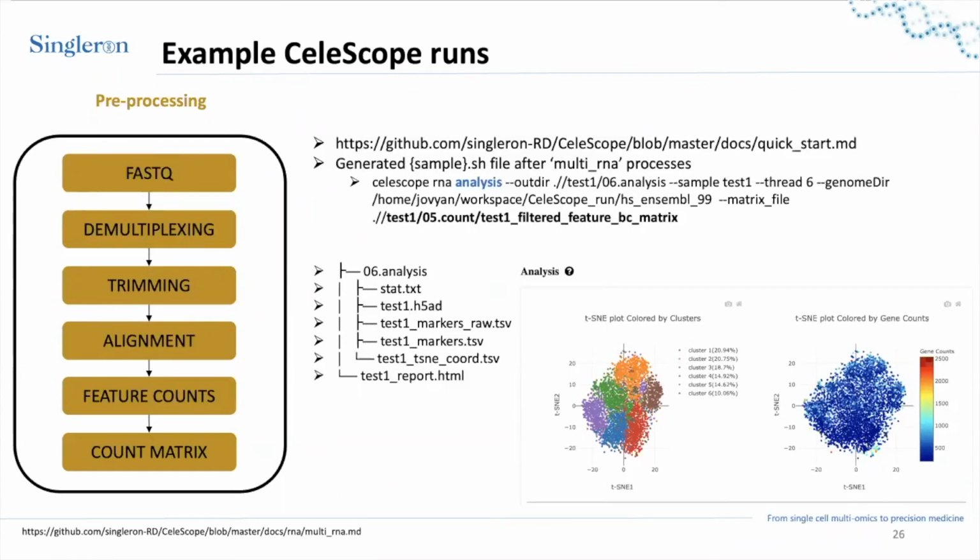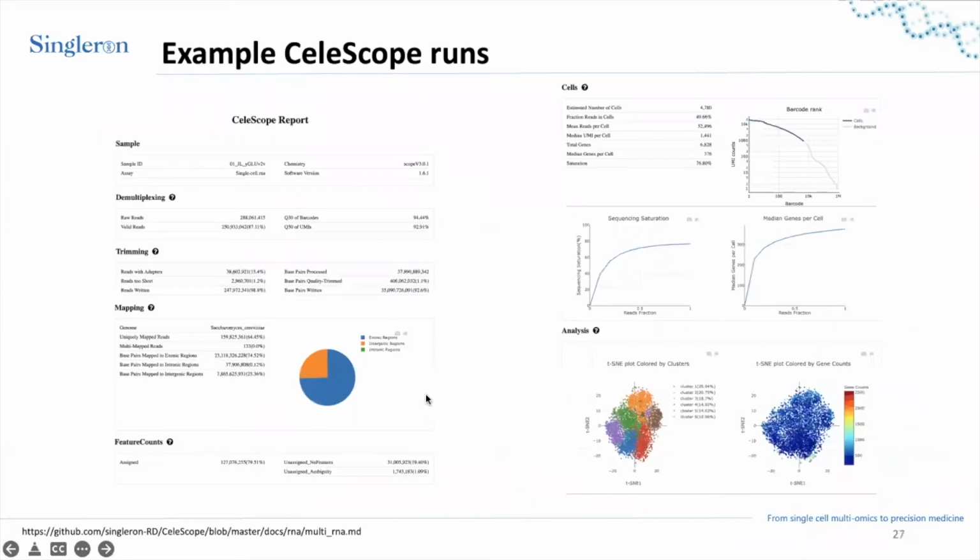In the next few talks, we will be covering more about the analysis, so we look forward to the next talks as well. But from now, we have successfully processed the Fastq files and obtained the count matrix where we have both the cells as well as the genes.